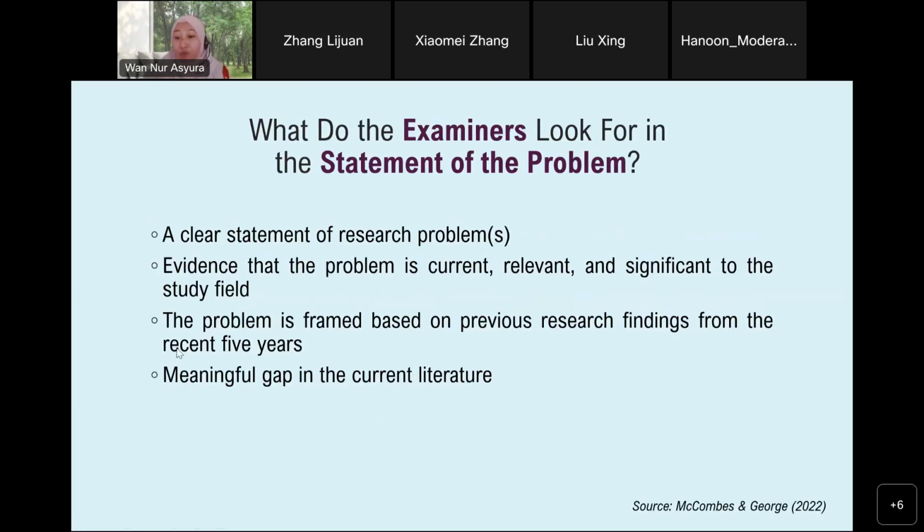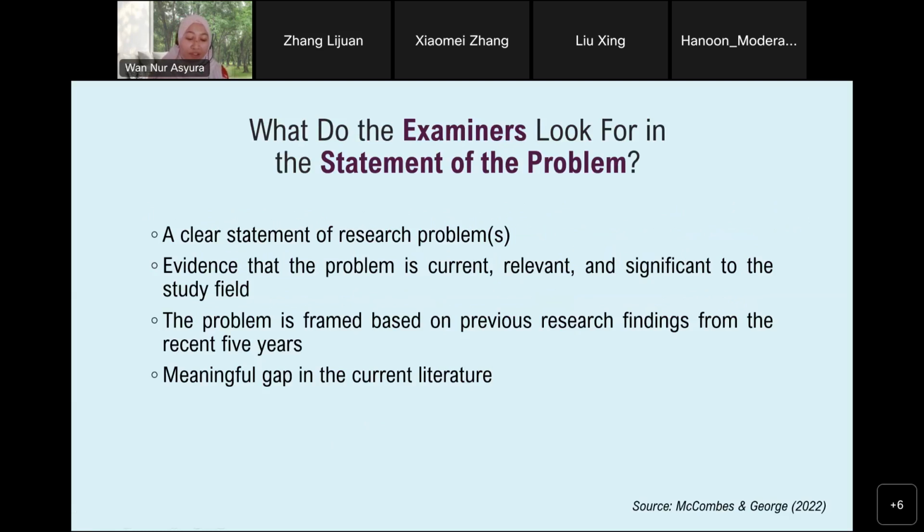Before I begin on research problem, I would like to share with all of you, from the point of view of a supervisor and an examiner, what we look for when we read your chapter 1, specifically the statement of the problem.